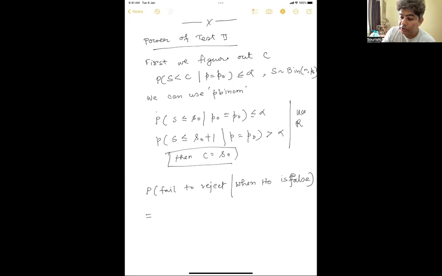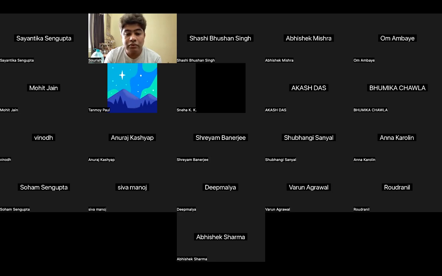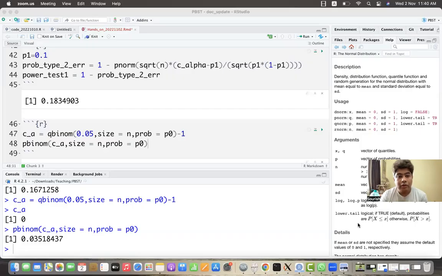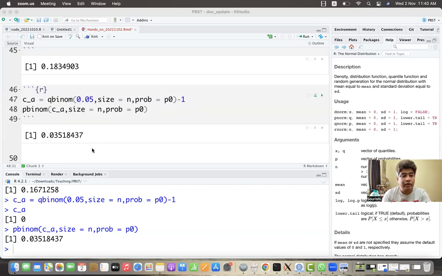So what is fail to reject? Fail to reject is the probability that S is greater than C when P equal to P1. That's all I have to calculate. So it is the upper tail, greater than C, when P equal to P1. That's it. So that's all I have to calculate.